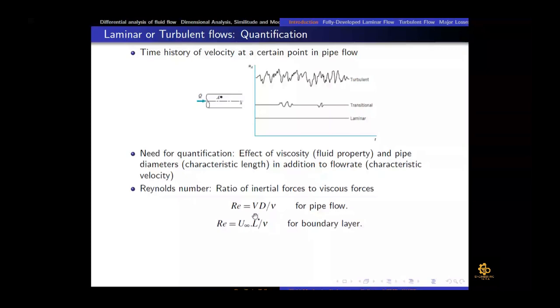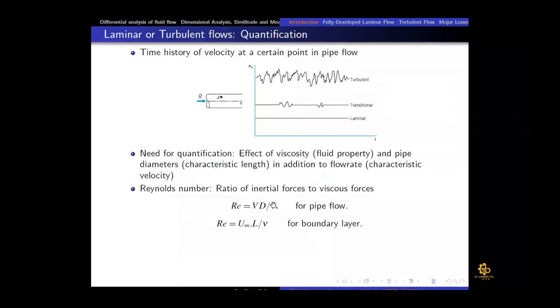For internal flows, which is what this chapter is all about, we have a diameter for a pipe or duct. For a duct, we usually use the hydraulic diameter, which we will come across later in this chapter. So it is velocity times diameter divided by kinematic viscosity. But for external flows or boundary layer flows, we have free stream velocity times the length of the surface on which the flow is happening, divided by kinematic viscosity.